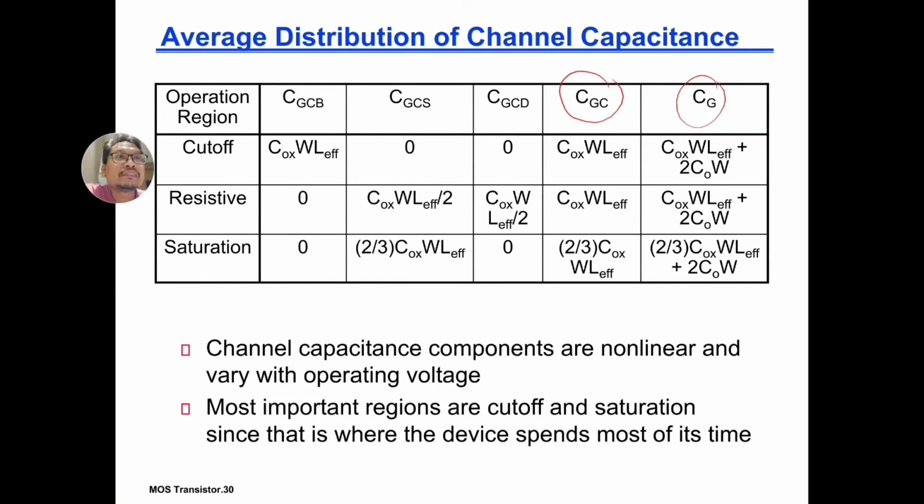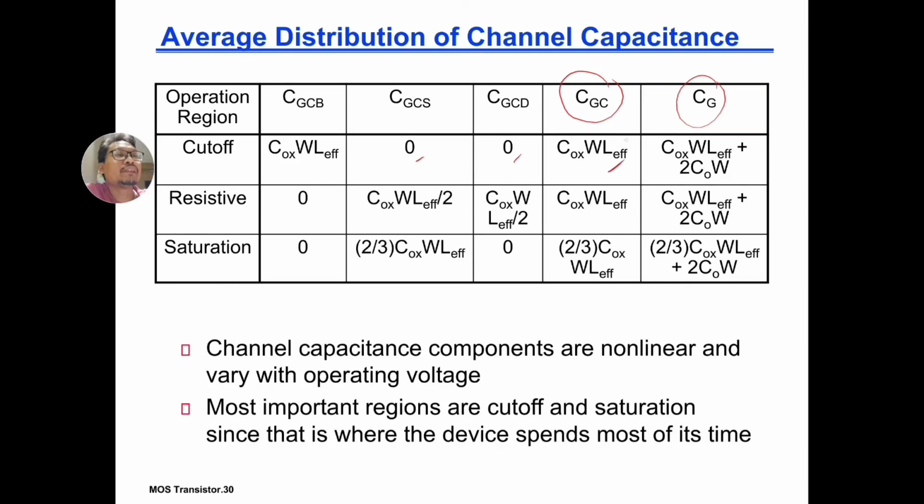But in the cutoff region it's a little bit different. In the cutoff region you don't have any gate to channel source or gate to channel drain. The capacitance is directly gate to bulk, because the device is not on. There are no electrons moving. The other plate is no longer a metal; the metal now is actually the bulk.